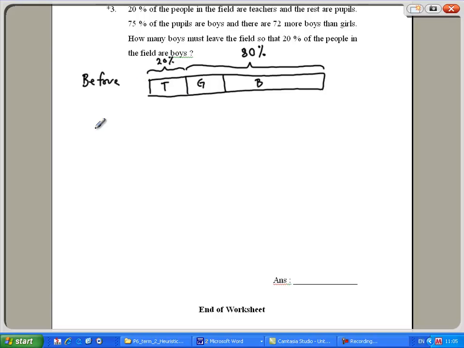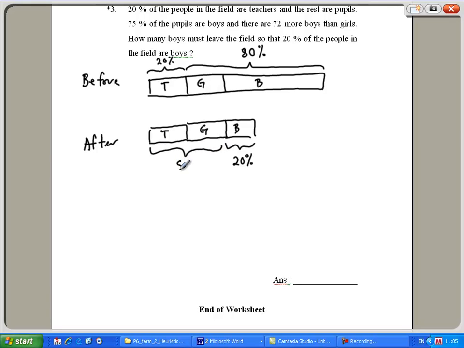Then later we need some boys to leave the field. So only the boys change; the number of teachers remains the same, the girls remain the same, but we need some boys to leave the field so that in the end the boys only make up 20% and the teachers and the girls remain unchanged and they make up 80%.